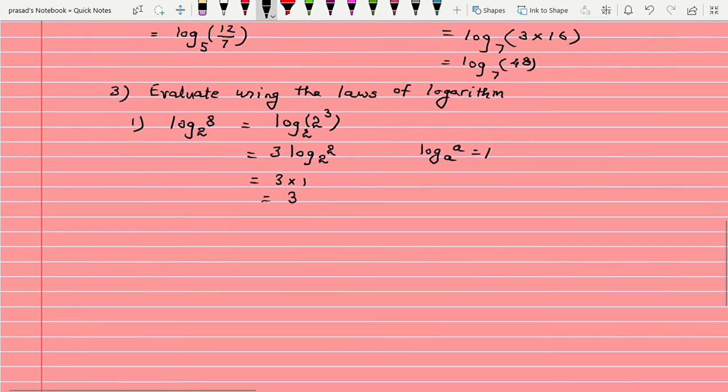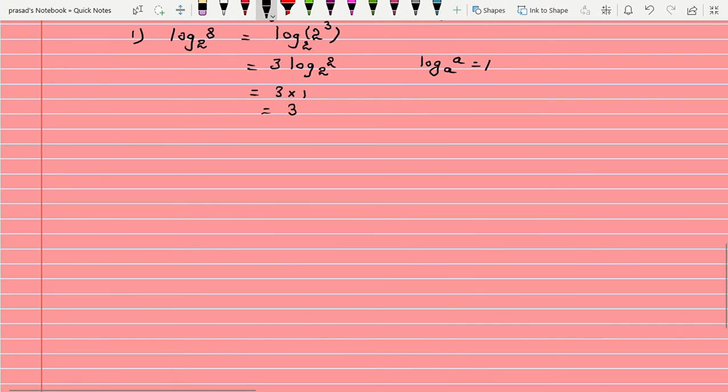Take another example here. Evaluate using the laws of logarithm: log 1 upon 25 to base 5. Now 1 upon 25, I can write it as 1 upon 5 square to base 5. And by laws of indices, 1 upon a to power m will be a to power negative m.